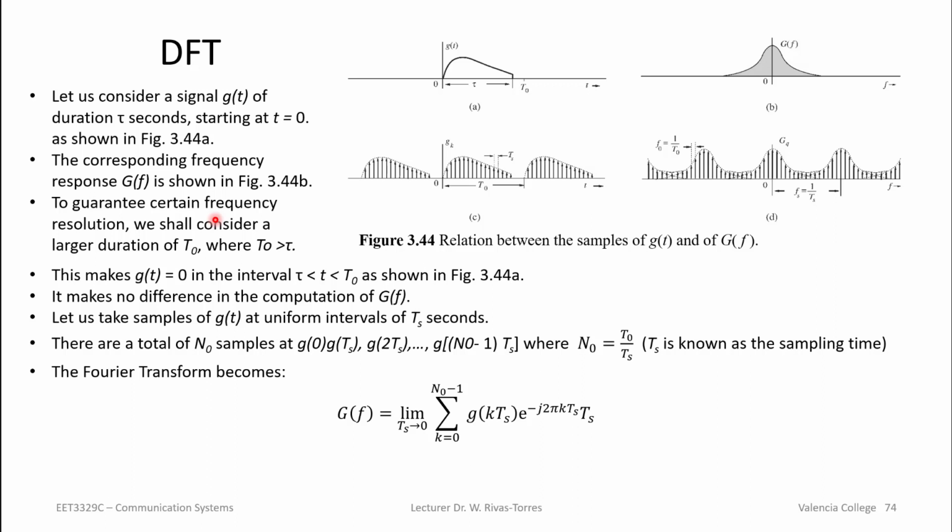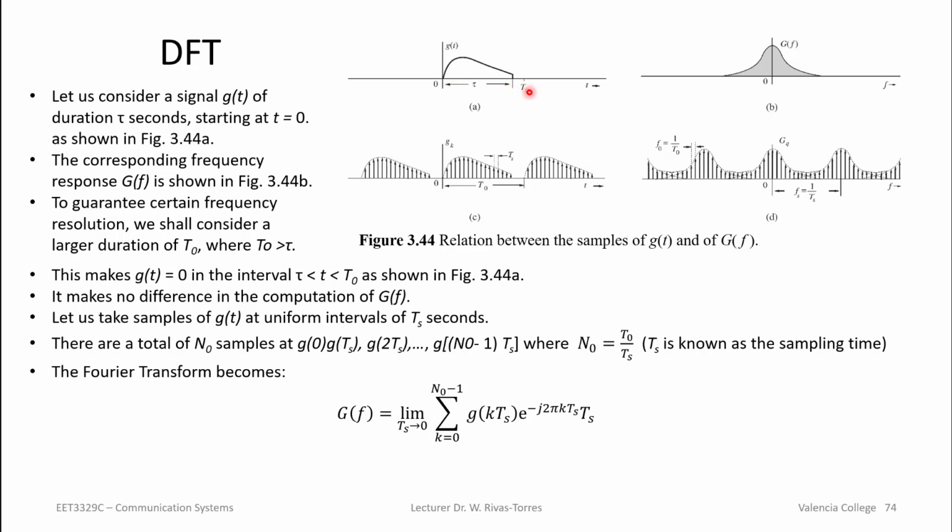Now let's say also that in order for us to guarantee the frequency resolution, we are going to allow our signal to go to some duration t0, where t0 is greater than tau. Okay? And that's what this picture shows. Notice where t0 is.